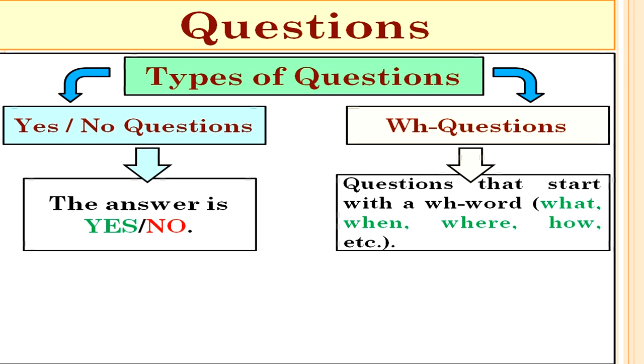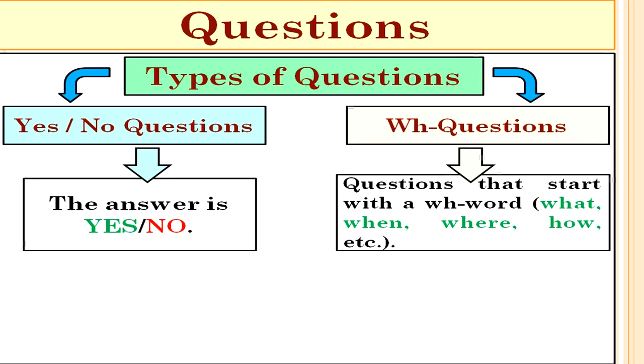There are many WH words in English like what, when, where, how, etc. One more thing is that a WH question is a question that we cannot answer by yes or no. For instance, when I say, "Where do you live?" we cannot answer by yes or no. Did you understand? That's great.